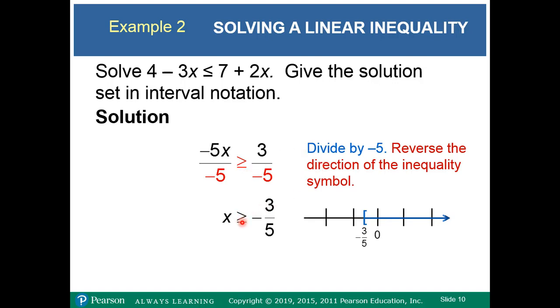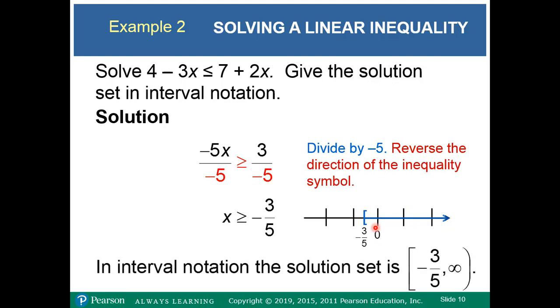Well, it's greater than or equal to, so it includes the equal sign. So it's going to be a bracket, a square bracket, at negative 3/5, and greater than negative 3/5 is always to the right. So this is what we would highlight. So this is what you would expect to see. And that's the interval notation right here.